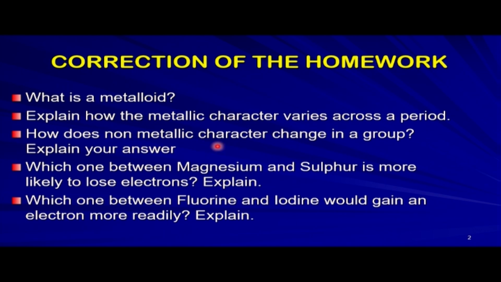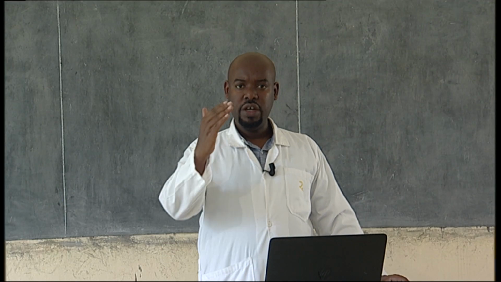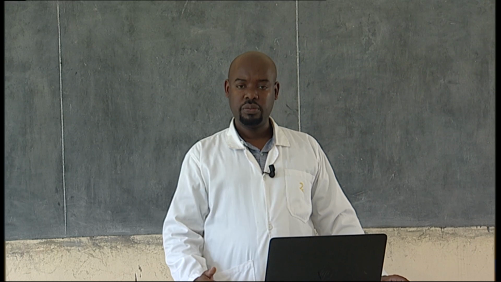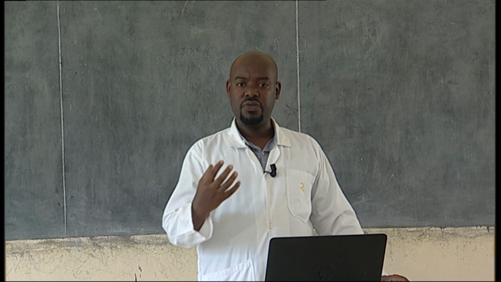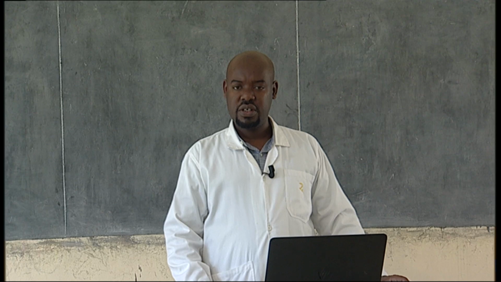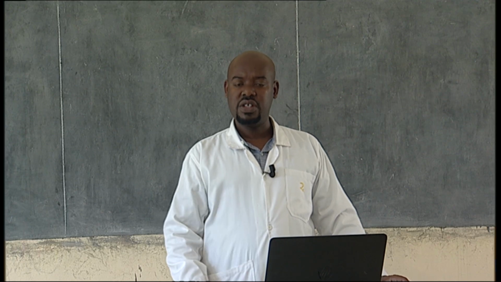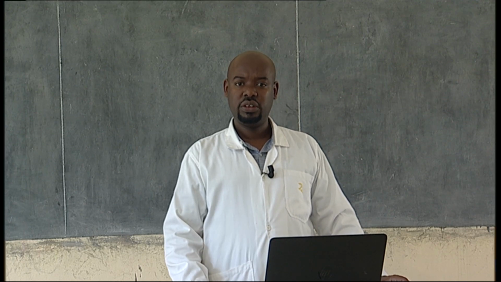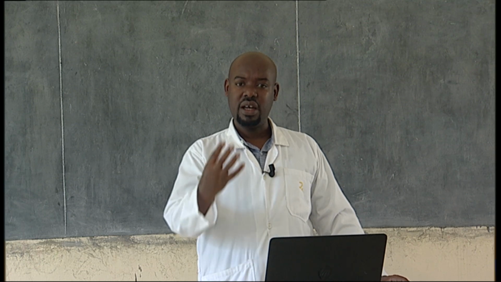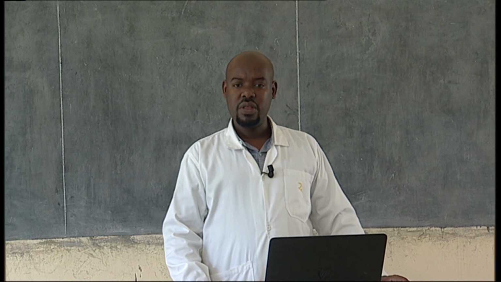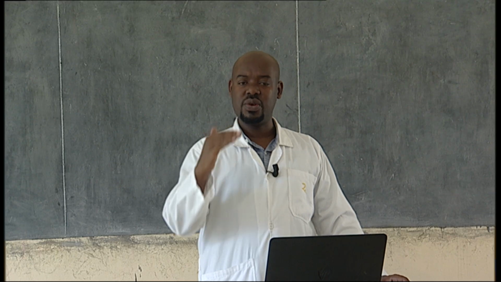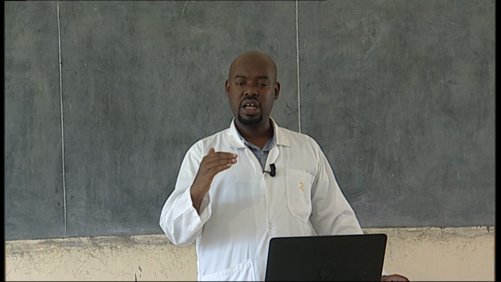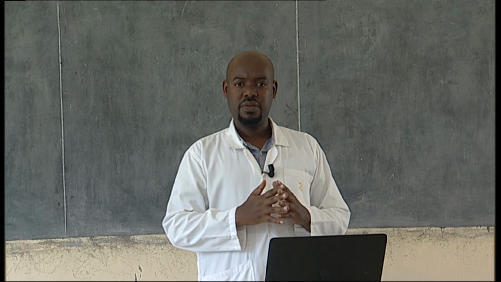And how does metallic character change in a group? Moving from the top to the bottom, the size of the atoms increases, and it becomes easier to lose electrons. So the metallic character increases. And we know that as metallic character increases, non-metallic character decreases.